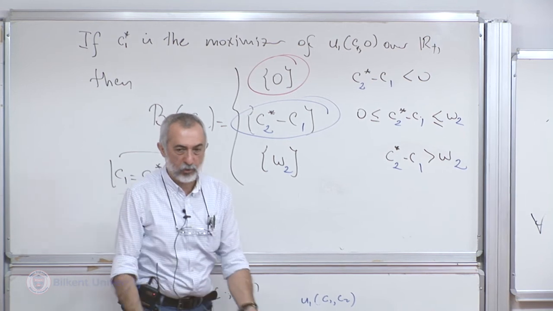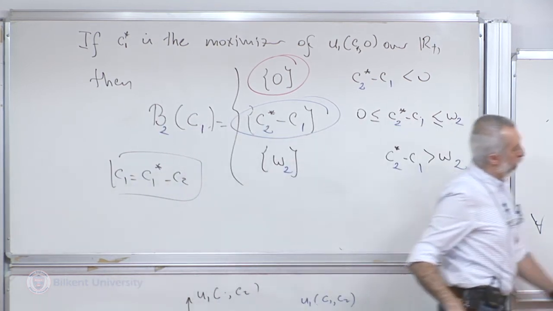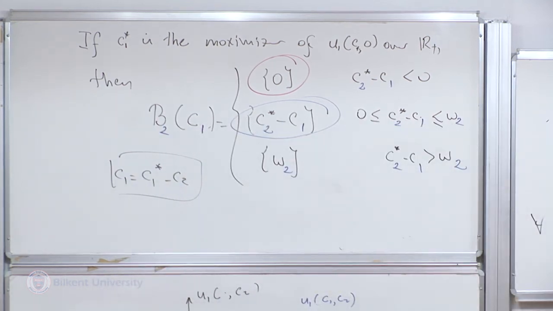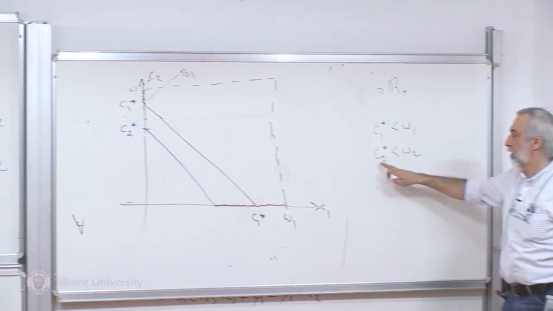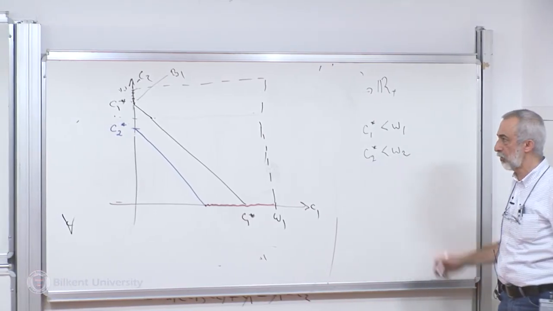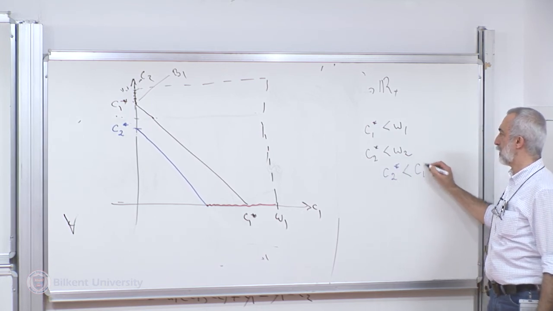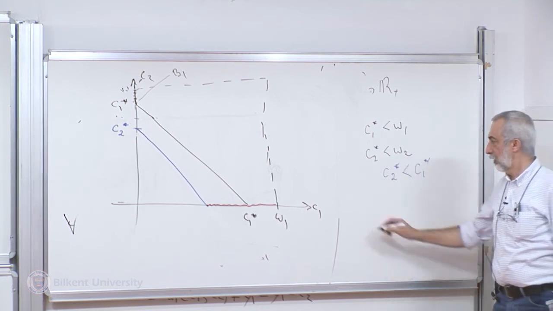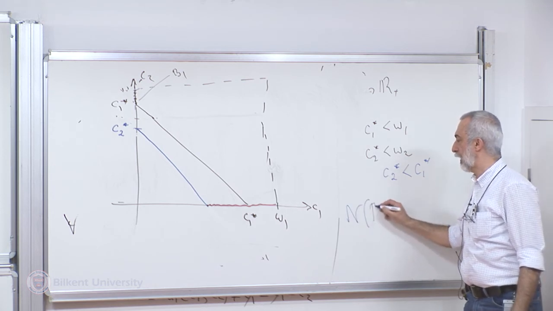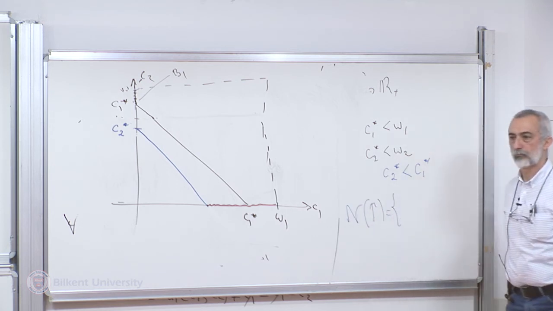So if this is the case, if C1 star is less than W1, C2 star is less than W2, and the way we draw this picture is C2 star is less than C1 star, then what can you say about the Nash solutions of this game?